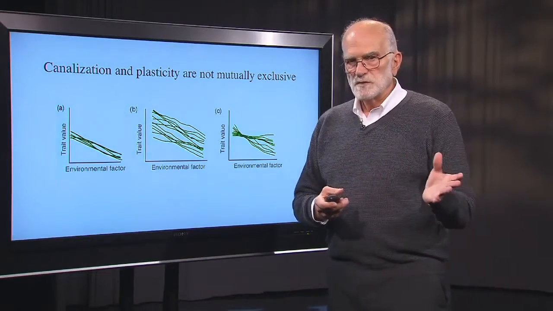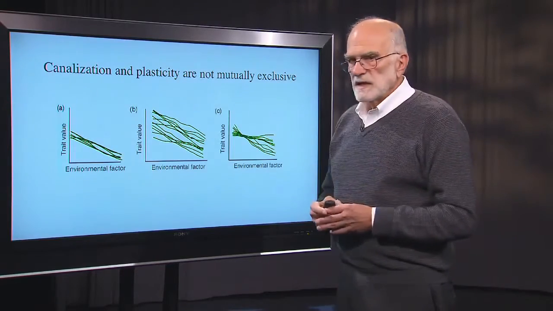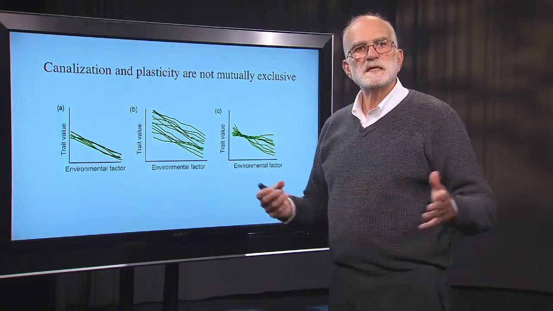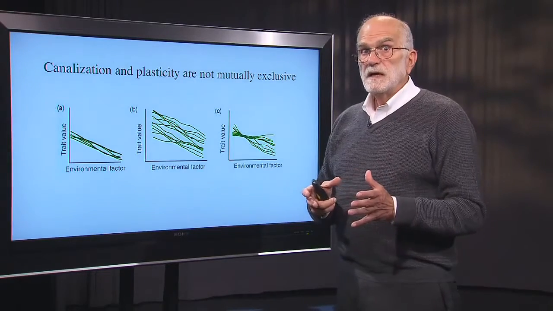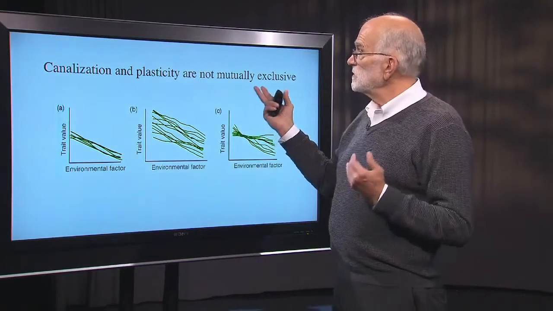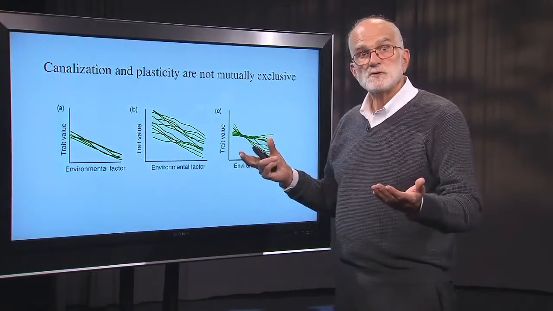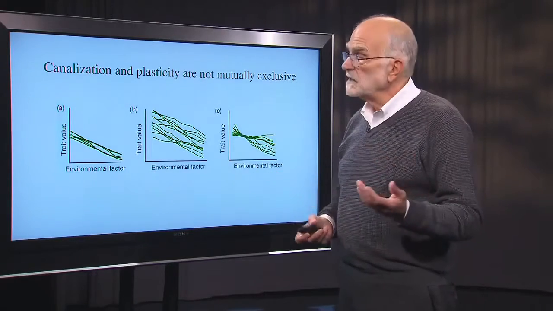There's another term that's often used. It's been mentioned, canalization. Canalization is the tendency of the developing phenotype to resist perturbation. And some people make the mistake of thinking that canalization and plasticity are opposites, or that somehow they're mutually exclusive. But these diagrams are intended to show you that they're not.